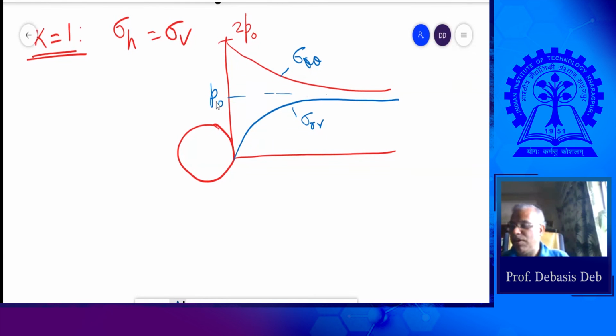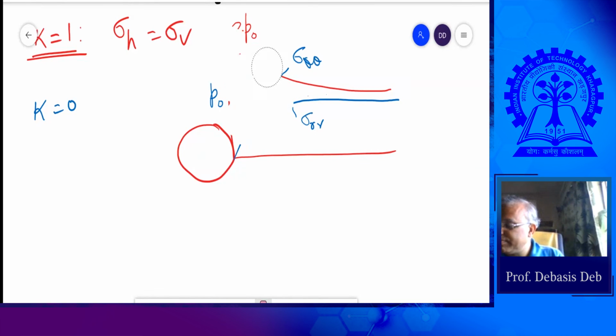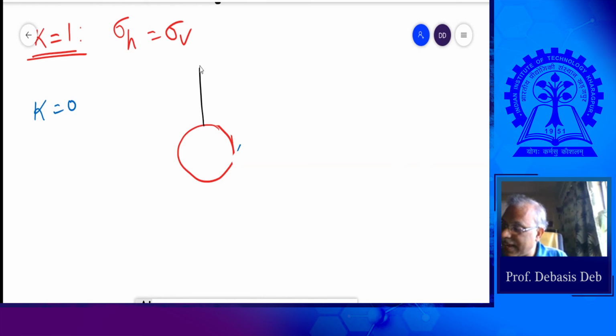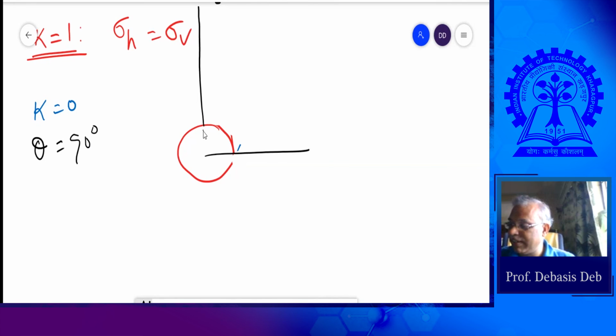Now I have shown you one k equals 0, and let me show you why that negative came. So let me delete them. Now at theta equals 90 degree, so it is like this, theta equals 90 degree, right? This is my theta.